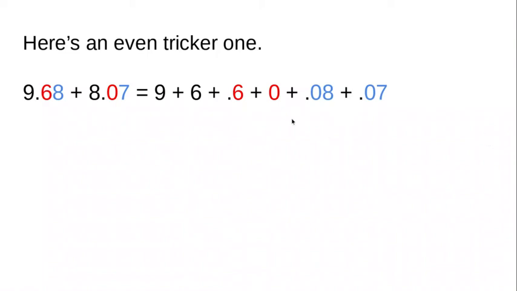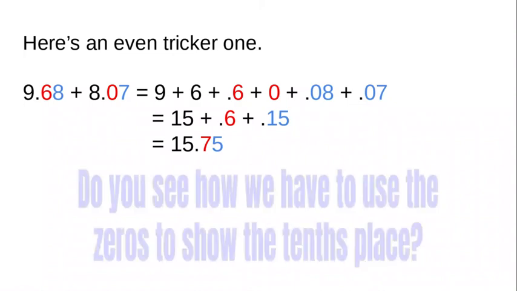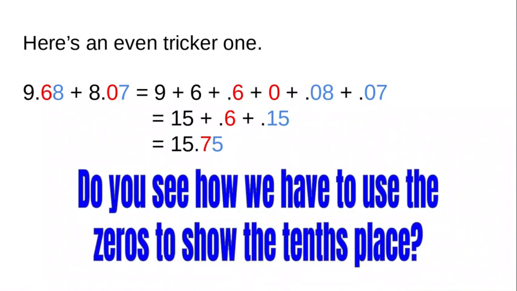But we need this placeholder of a 0 here, because we don't want to make the mistake of adding that 7 to the 6 because there's no number here. So we get 15.75. So this would be the equivalent of saying $9.68 plus $8.07 would be $15.75.